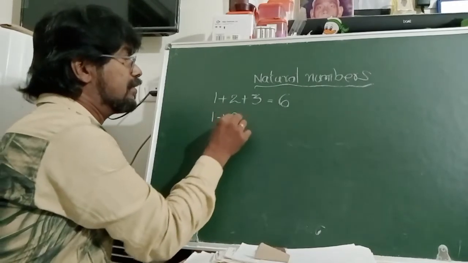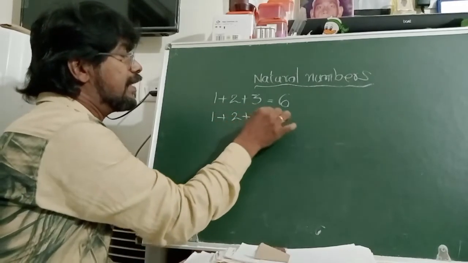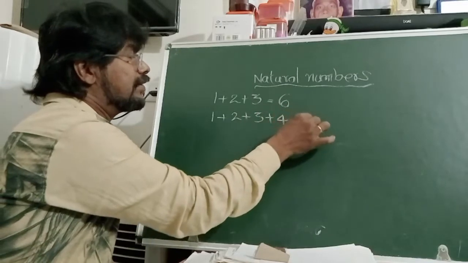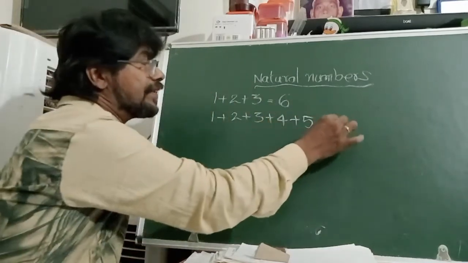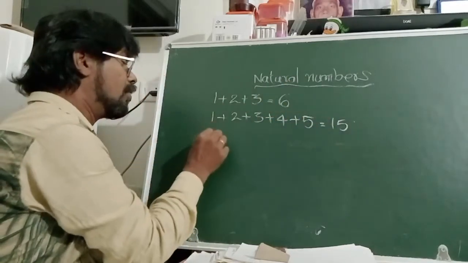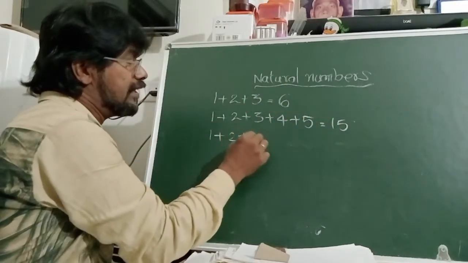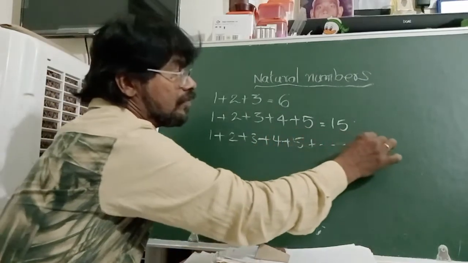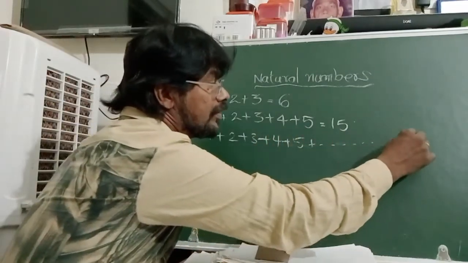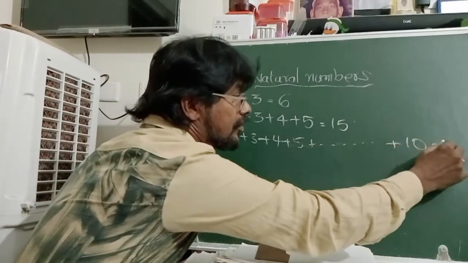1 plus 2 plus 3 plus 4 plus 5 is 15. Now 1 plus 2 plus 3 plus 4 plus 5 plus up to 10 is equal to how much?